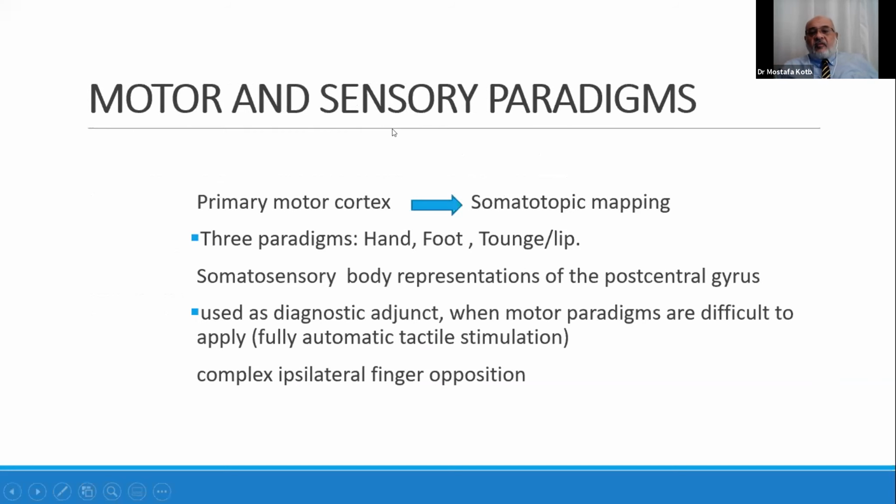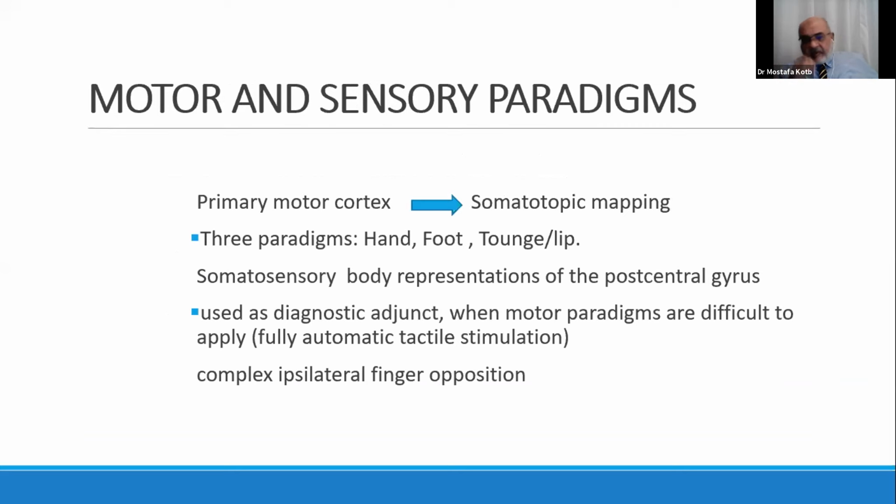For the motor and sensory paradigms, we mainly examine motor paradigms for the hand, foot, and tongue and lip. These are the main functions examined during the study.